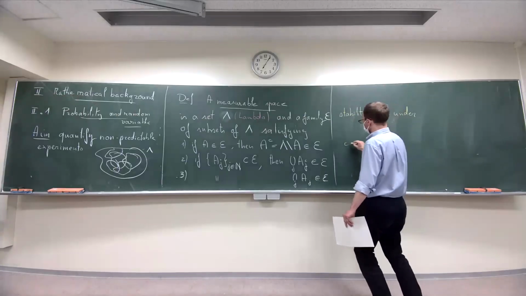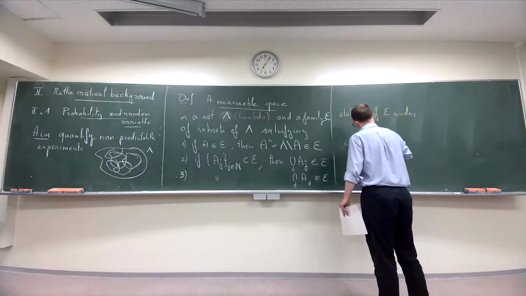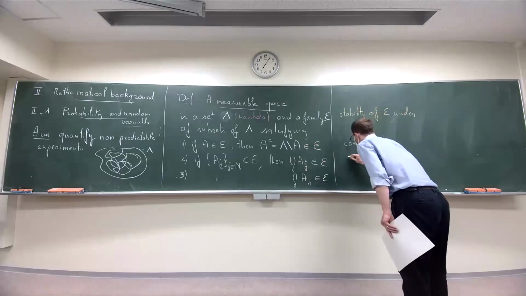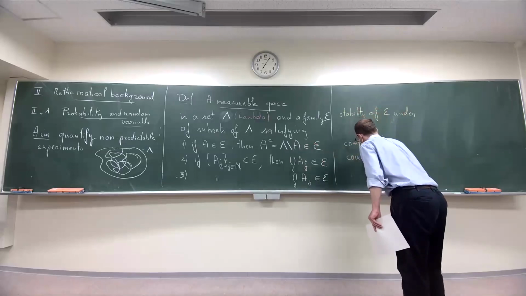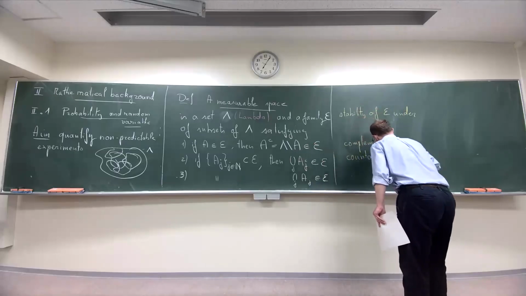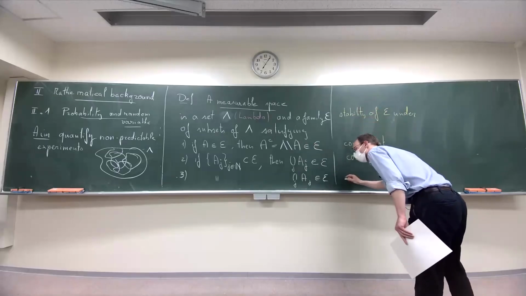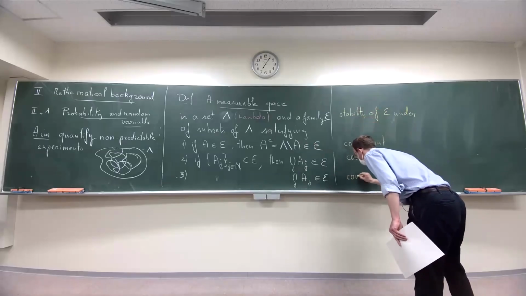The second is stability about countable union. And the third is stability on countable intersection.